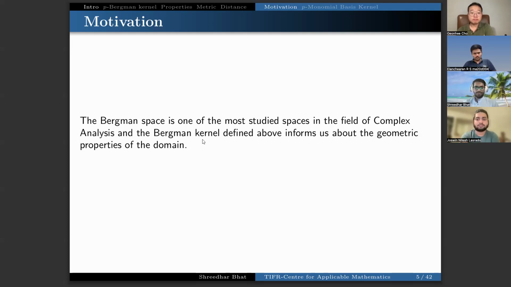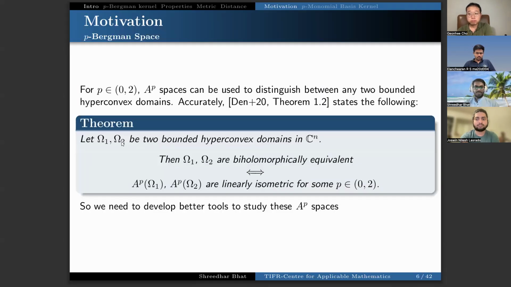Now, why do we not just restrict ourselves to p equals 2 and consider the general p case? One reason is that it is nice to do and hard to do as well.